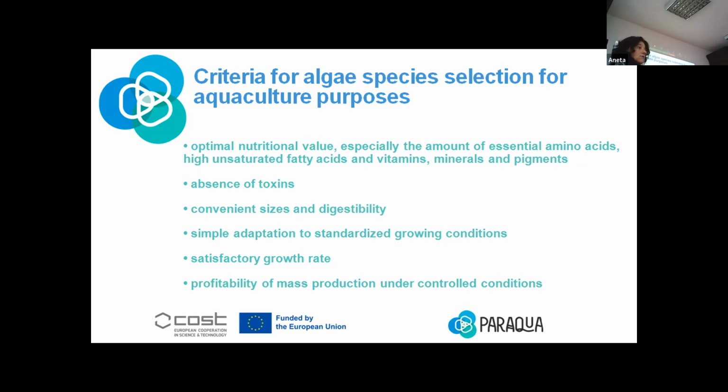We will also talk later about circular economy, what we use, and we need to know which species has what. But also, I have to mention that in different conditions, this chemical composition can be changed.